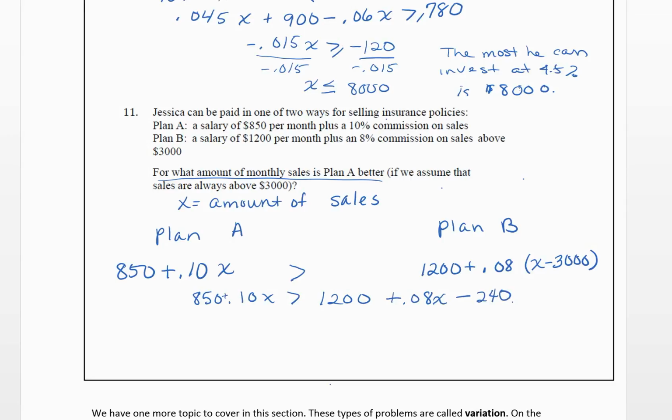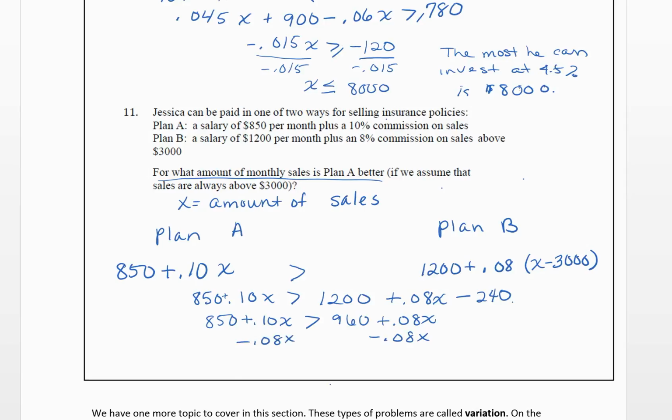Okay, let's combine like terms on this right-hand side. So we have 1200 minus 240, so 960 plus 0.08x. Okay, let's subtract the 0.08x from both sides.